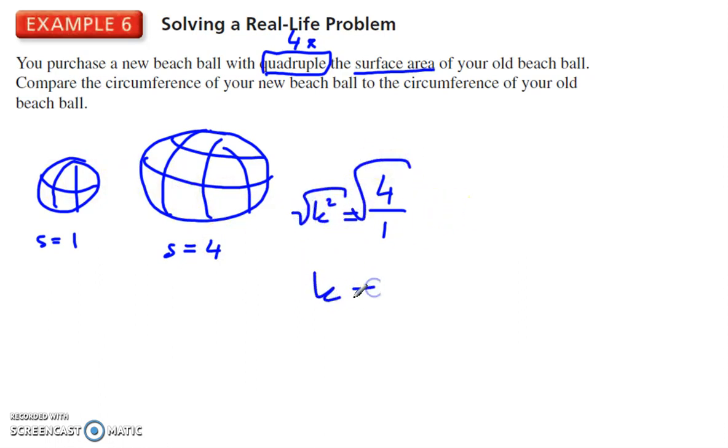And so the scale factor there would be 2 to 1. So that means the circumference of the second one is twice the circumference of the first. Circumference new is 2 times circumference original, because it's 2 to 1.